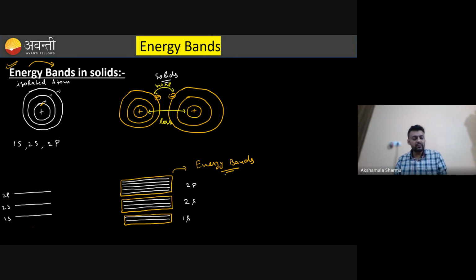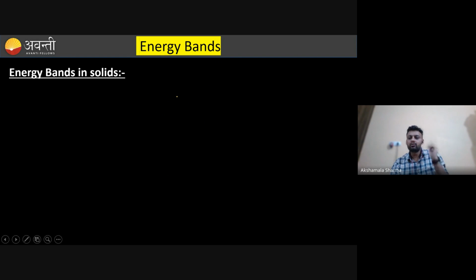The interaction and the variation will be more for the outer shells. Clear? Because the electrons are closer to each other. So the collection of these variations of energy levels is called an energy band. I think everything is clear in this topic. Now I have placed all these things in a slide beautifully. Now you can see.